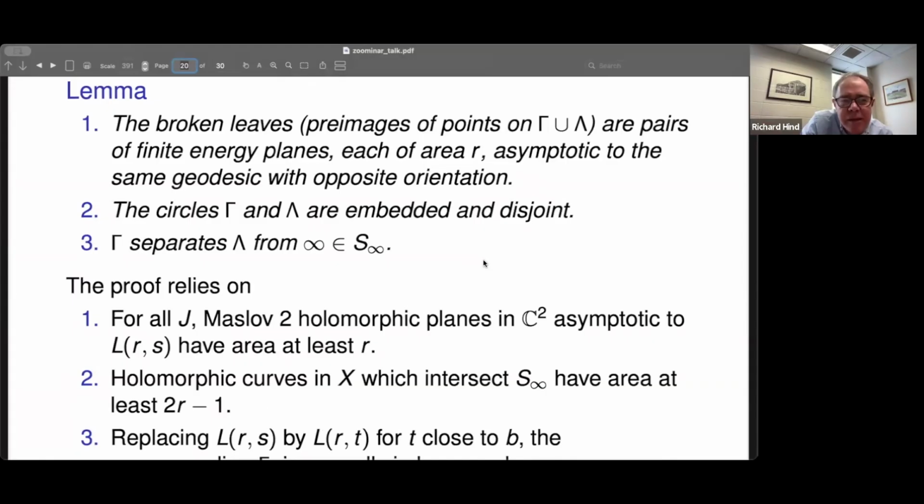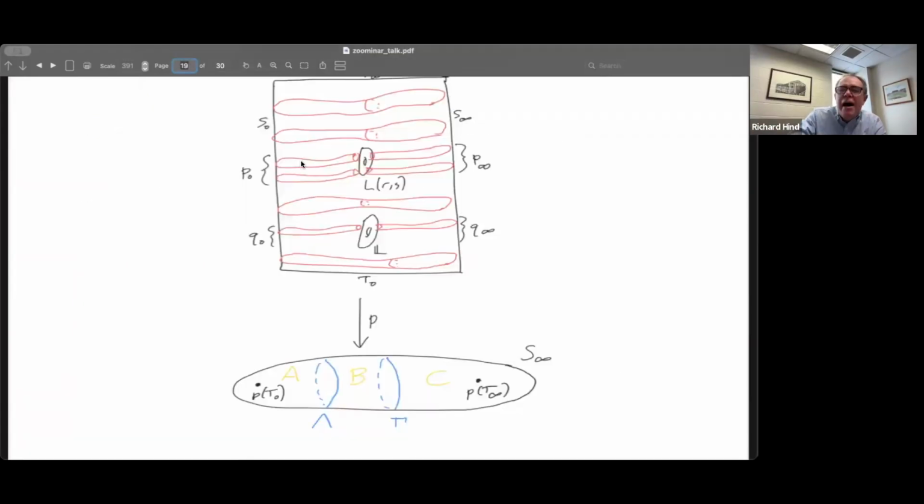So if I go back a little bit here, maybe I stretch the neck and get one of these broken curves. One half is going to have to miss S infinity, and because of the Lagrangians I'm looking at, this half would have to have area at least R. The other half would have to go through infinity. Since it goes through infinity, it has to go through that added inflated tubular neighborhood of S infinity.